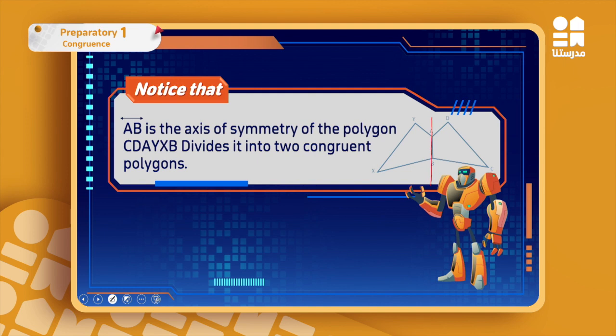So why is it called the axis of symmetry of the polygon CDAYXB? It divides it into two congruent polygons. As I said, when I fold the paper above AB, we will get two polygons above each other. Then let's solve some exercises on the board with each other.